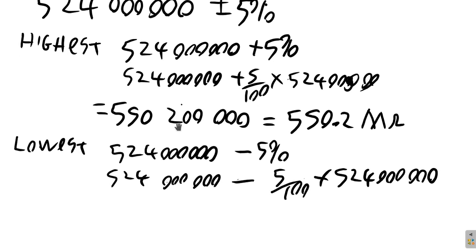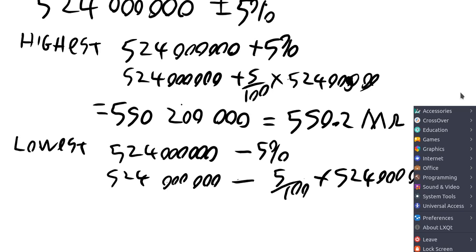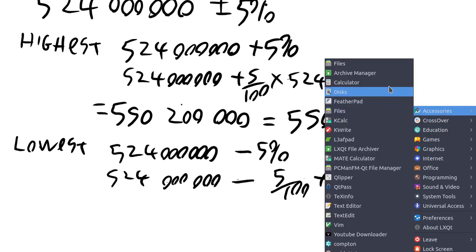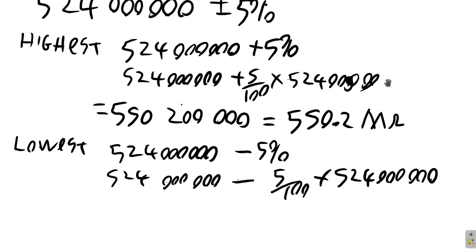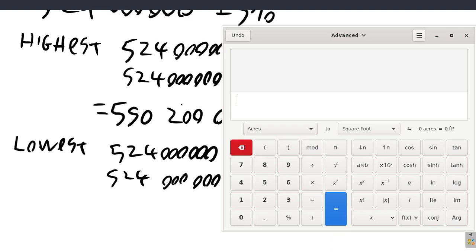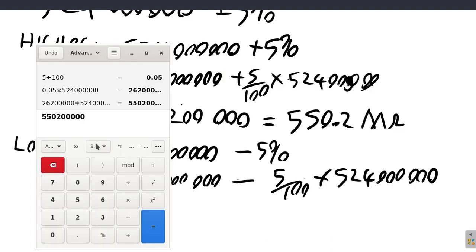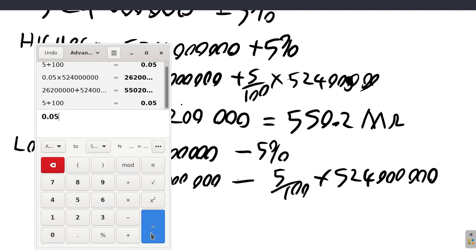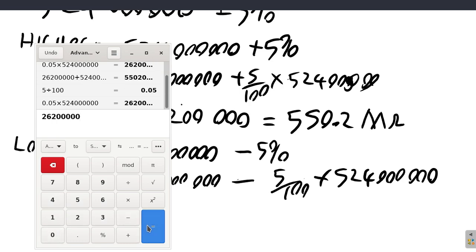So let's get our calculator again and get that figure. So we have 5 divided by 100 equal 0.05 multiplied by 524 million ohms. Okay, good.